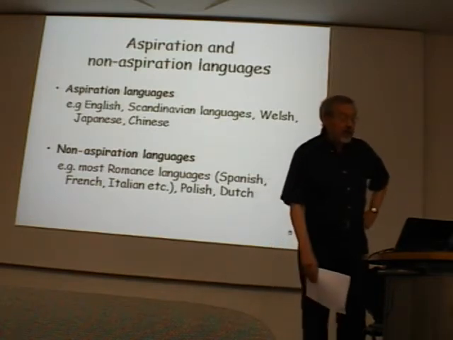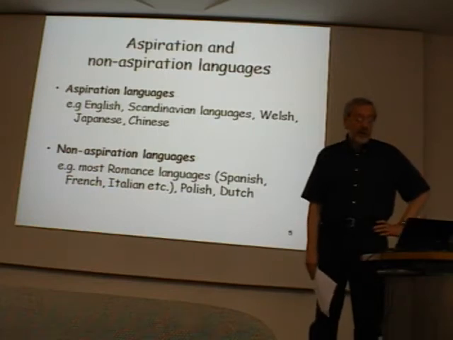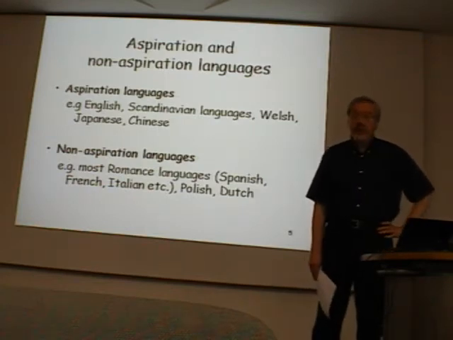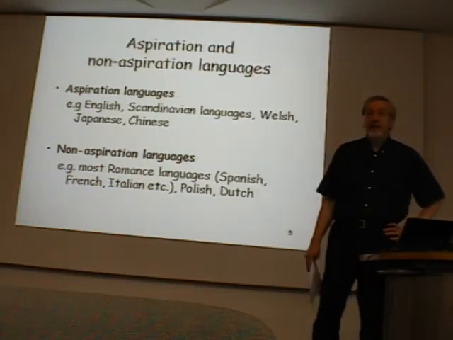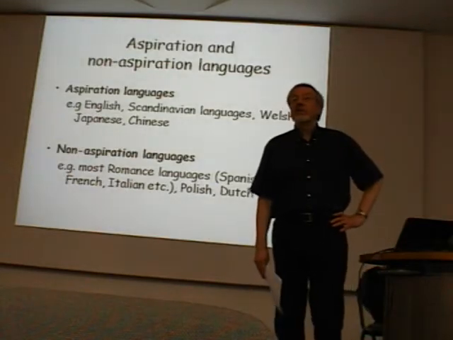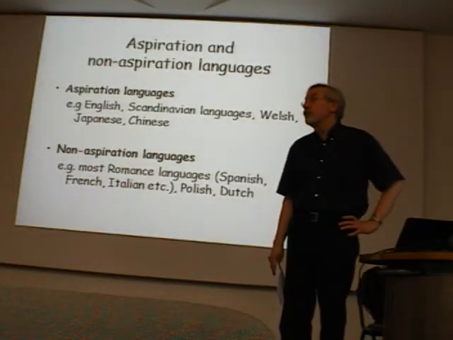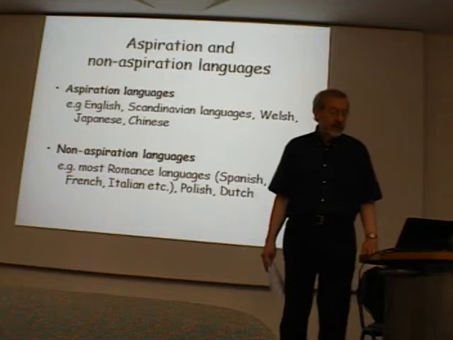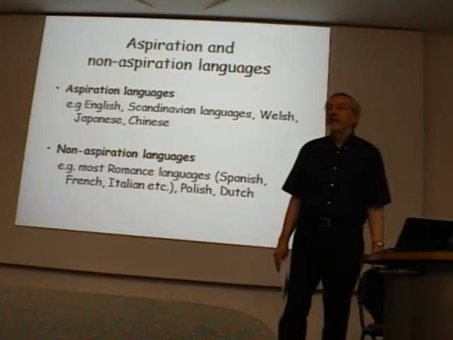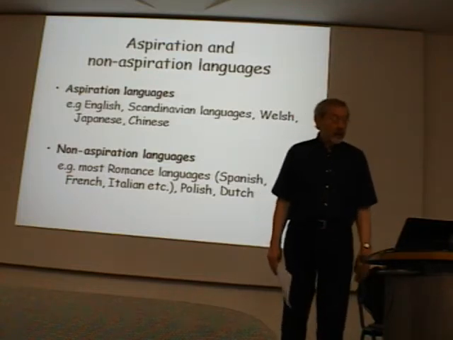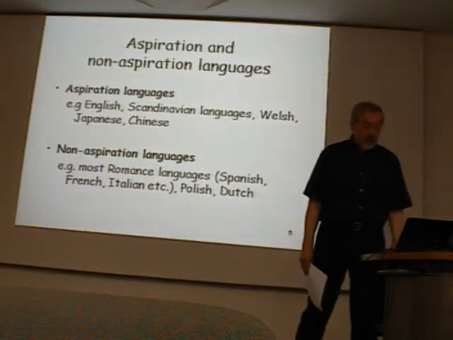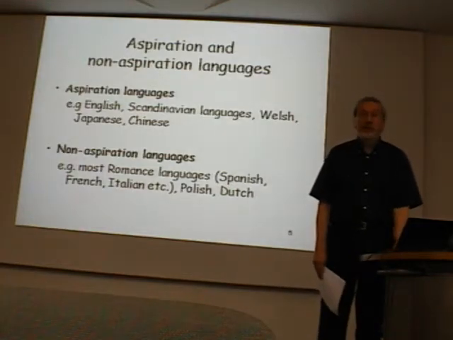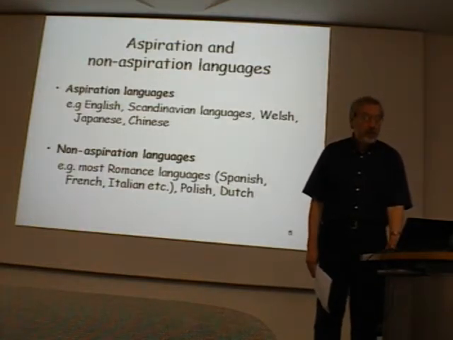Non-aspiration languages are characteristic of Romance languages, so Spanish, French, Italian, and also, for instance, Polish, and curiously, because it's a Germanic language, Dutch. So you have this division between these two types of languages in the way in which the plosives are produced.